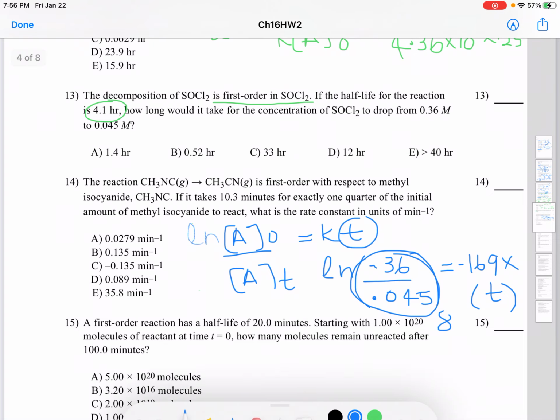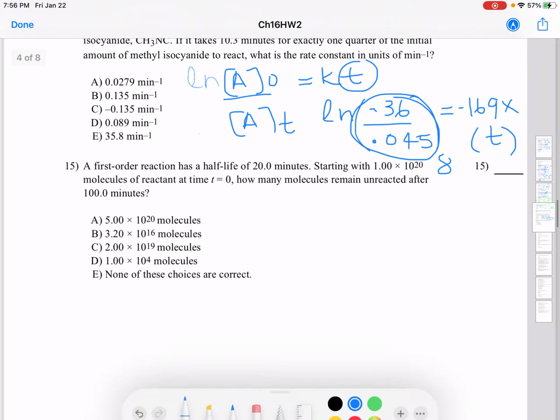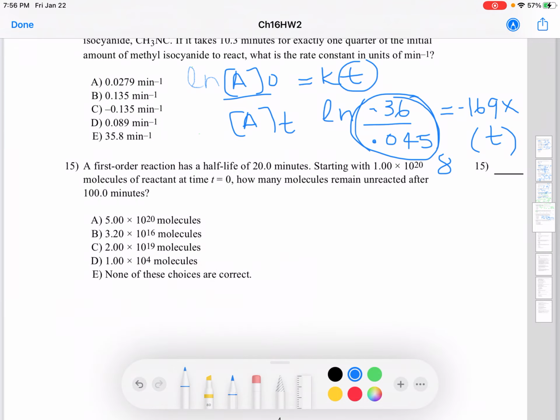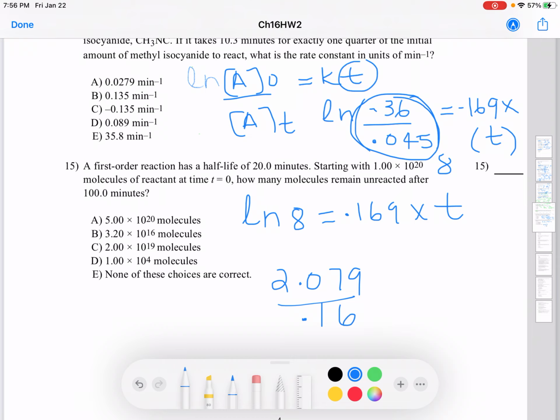Excuse me. ln 8 equals 0.169 times t. ln 8 is 2.079 over 0.169. Okay, I need to check this, see if I am doing anything wrong. Please correct me. 0.693 over 4.1 is 0.169.